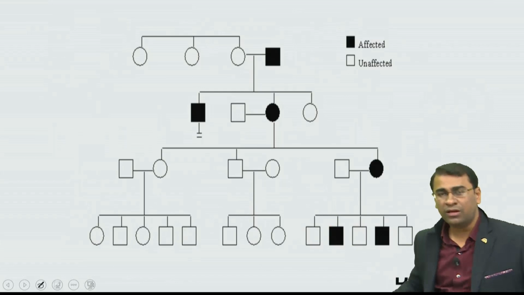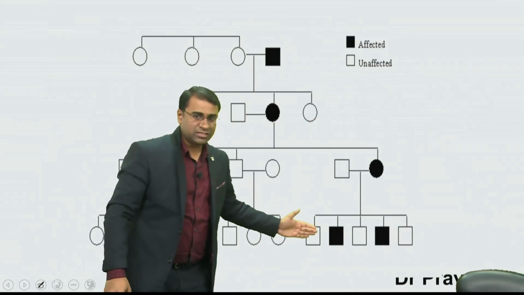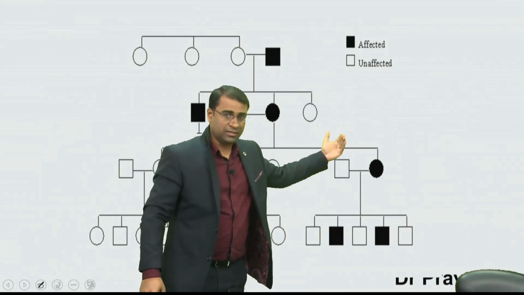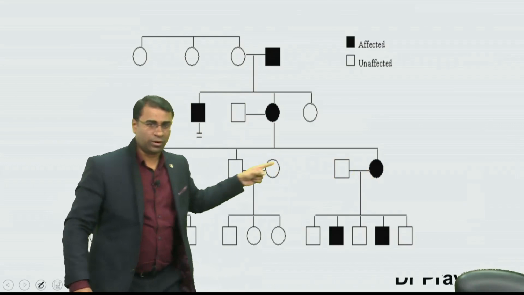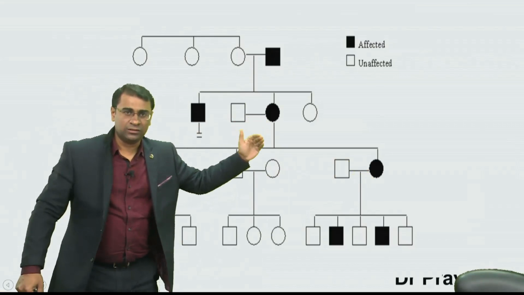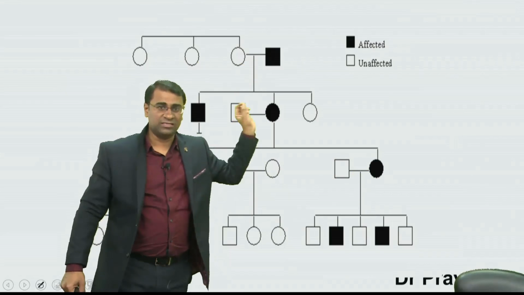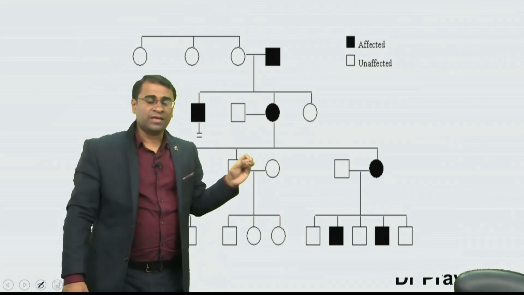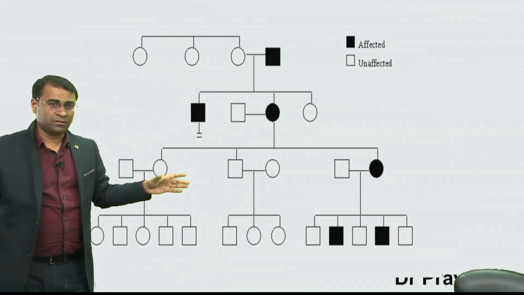Look here. Now try with me. Start here. He is diseased. Is either parent diseased? Yes. He is diseased. Either parent diseased? Yes. Now look at this generation. Either parent diseased here? Yes. Now look at this one. Either parent diseased? Yes. Now look if you are able to see a male giving to son.